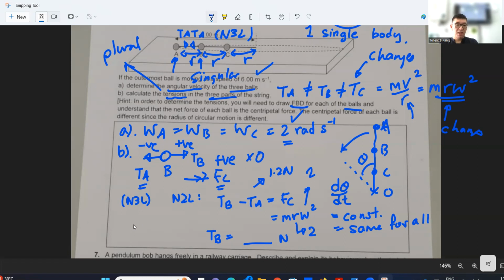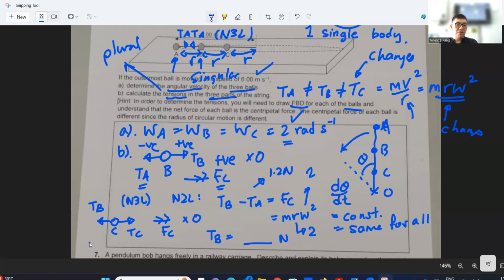So quick, I'm going to accelerate a bit to show you what I mean. So once you found the tension in B, right, if you draw free body diagram for ball C, it should look something like this. TC, TB, FC is over here towards the center.